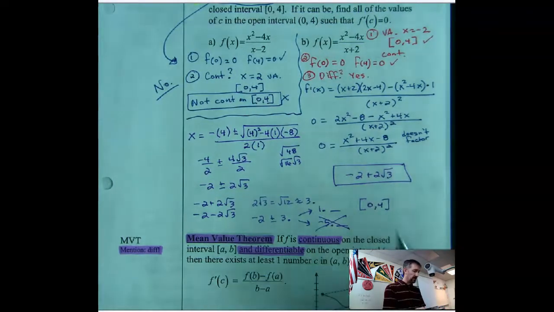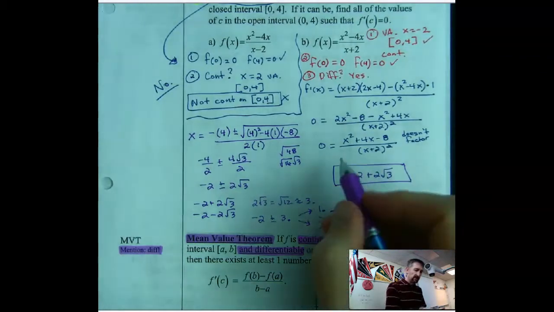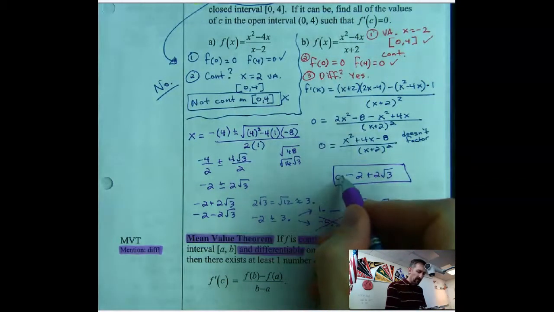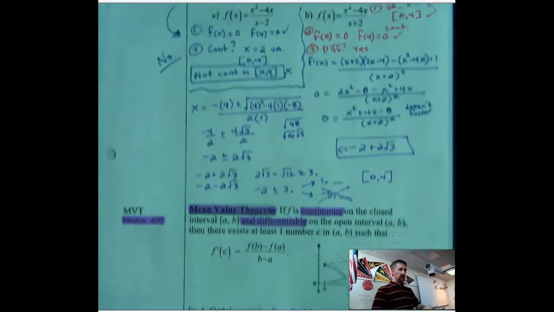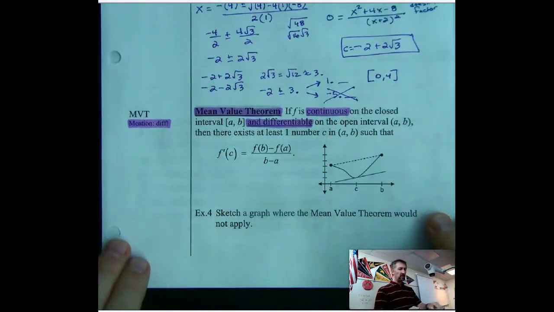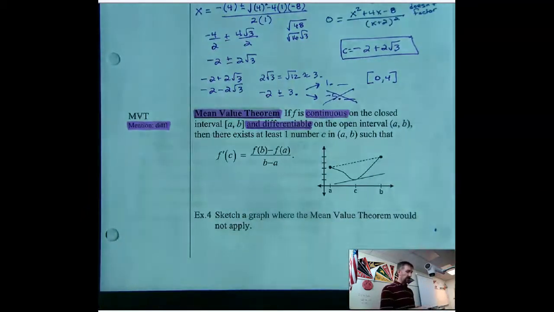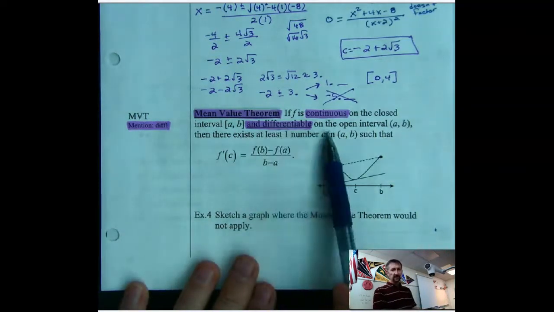So the value of c, where the derivative equals 0, is negative 2 plus 2 root 3. Alright? Again, not really going to be a quadratic formula in there, but okay, so the mean value theorem, again, continuous and differentiable.